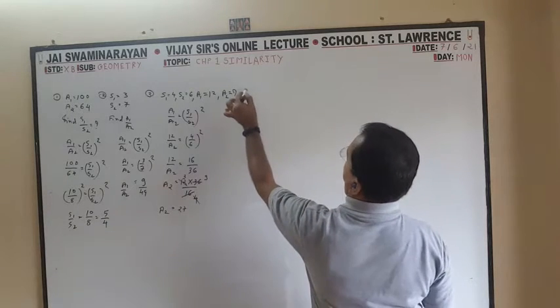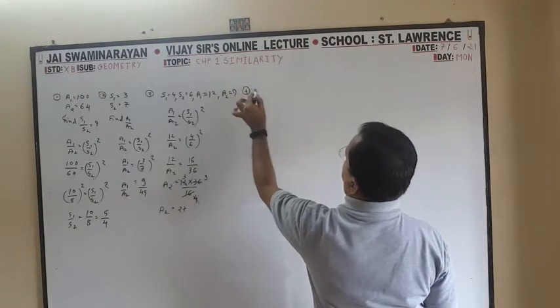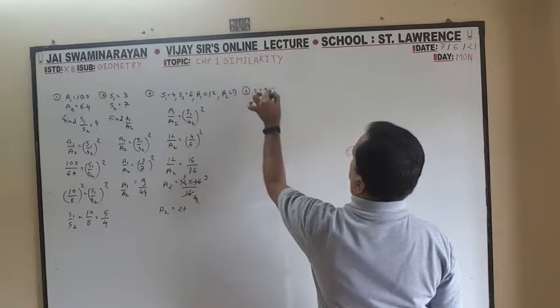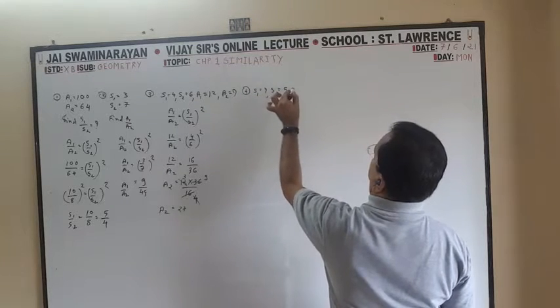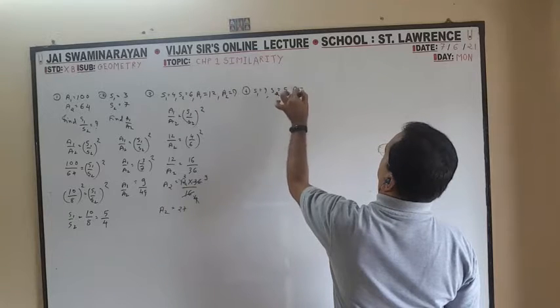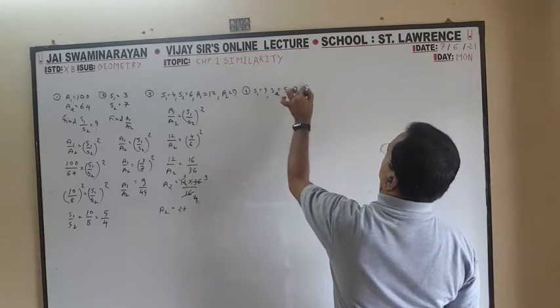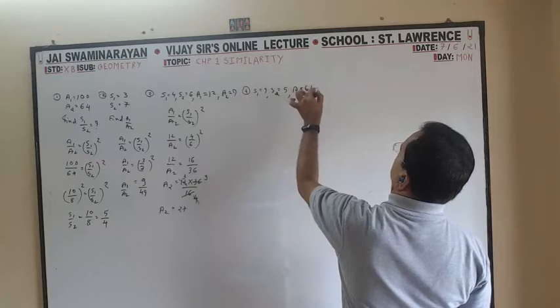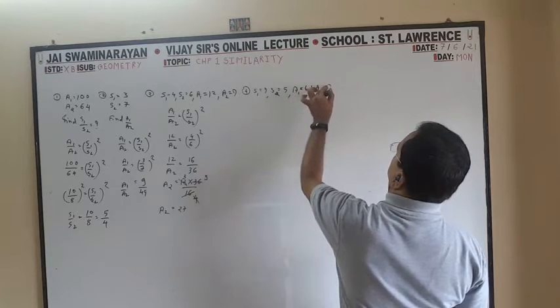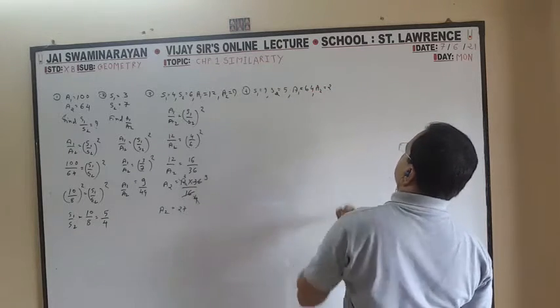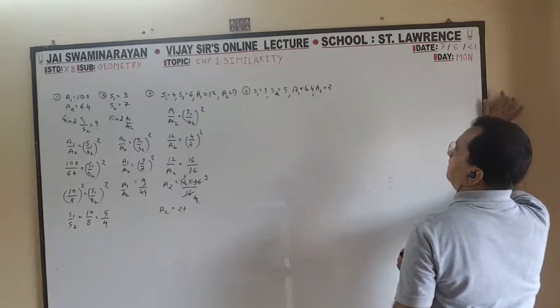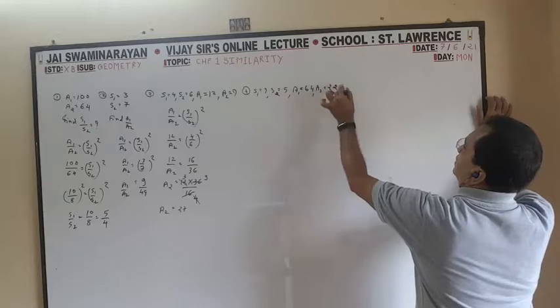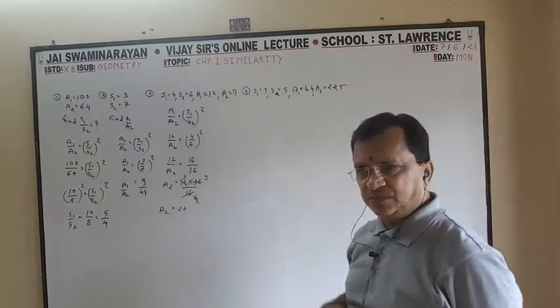Now the fourth example will be, you have to find out the side. Side 1, side 2 is 5, area 1 is 64, area 2 is 225, for example.